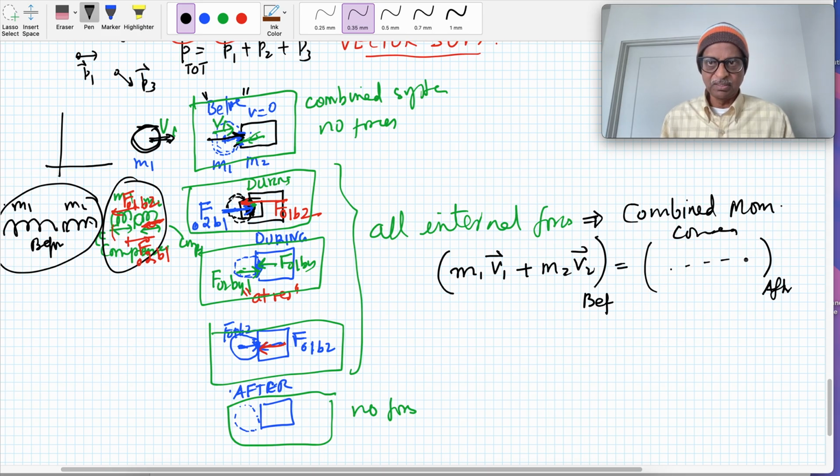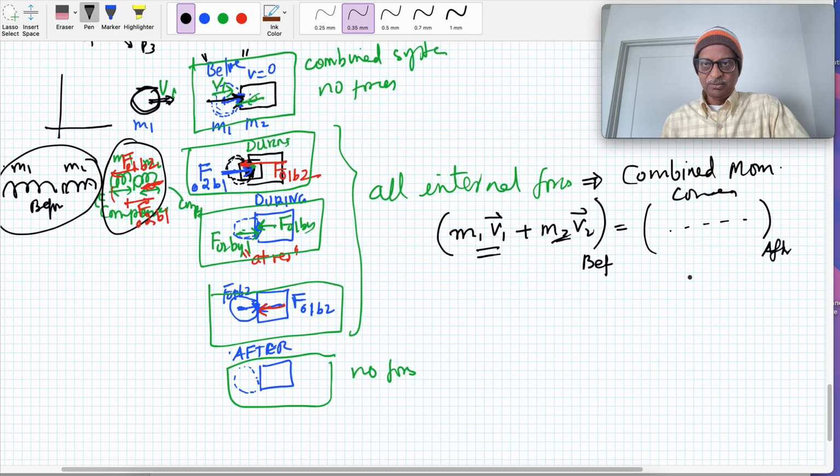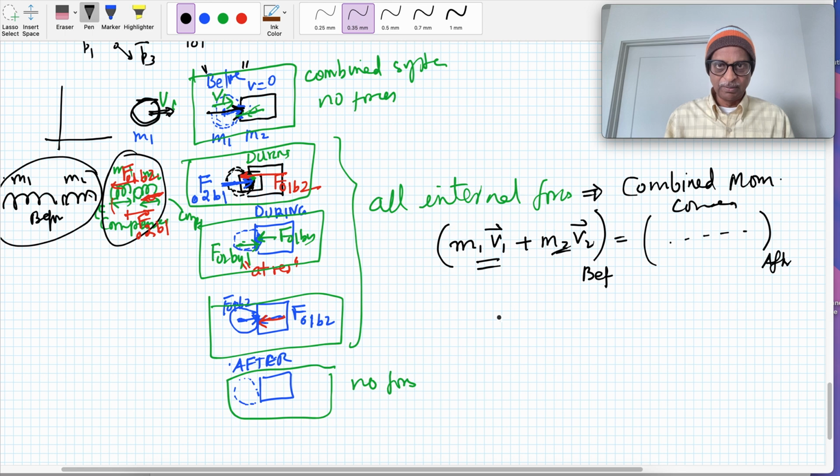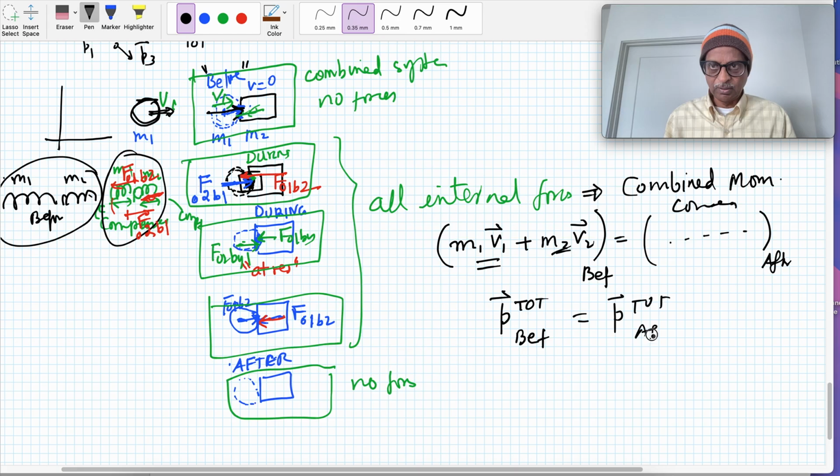Before we had a two-particle system, and after the collision it's also two, so it's going to be two of these over here. So the upshot is P total before equals P total after.